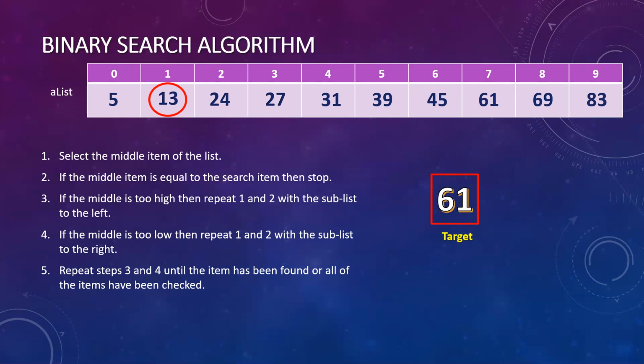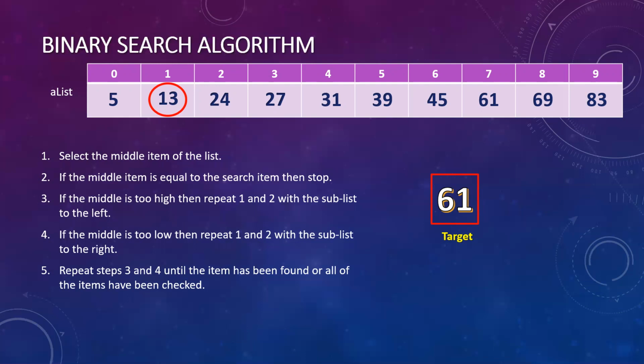So the 31, or the middle value of the list, is too low from the target item. So it will take the right side of the list as a sublist and compare. So from 5 to 9, the middle point is 61.